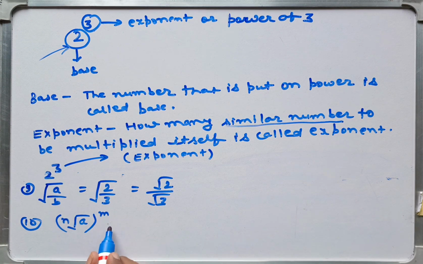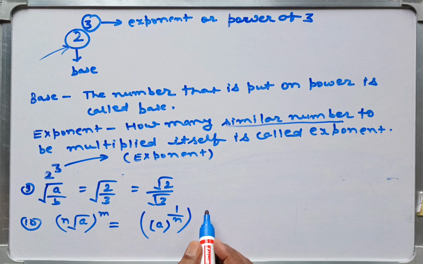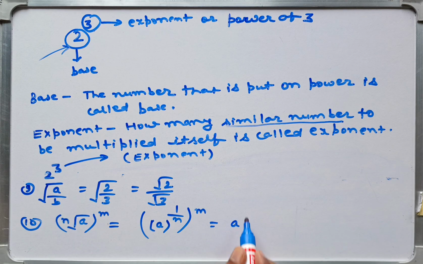First of all, you can write it as a to the power of 1 by n. If you take all in a bracket, then again m, so what will come is a to the power of m by n.